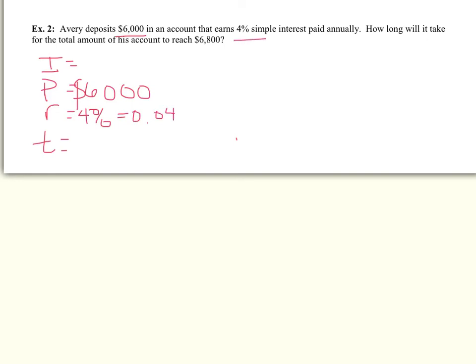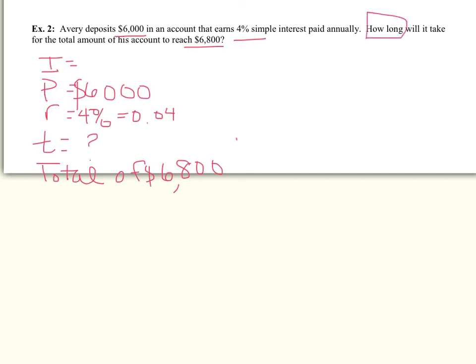How long will it take for her total amount in this account to reach a total of 6,800. So this one does add a little bit of a challenge because we're solving for the time. It says how long.